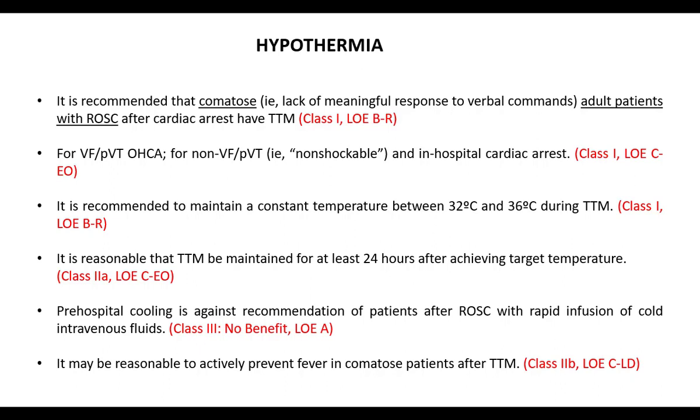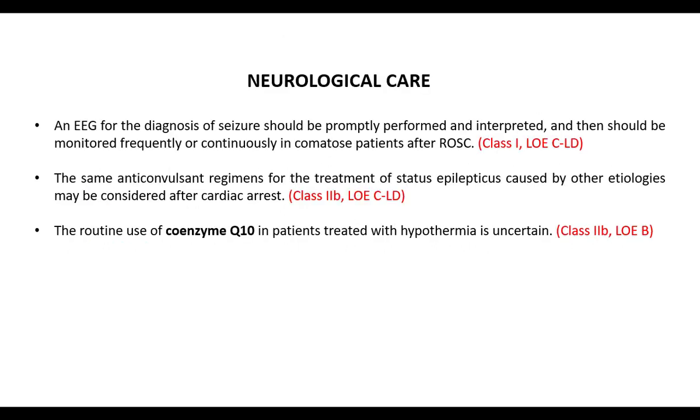And then fever should not occur. For any patient who is developing fever, the mortality goes up exponentially. So that is why fever should not develop in these kinds of patients. Then what about neurological care? An EEG should be taken immediately and on a continuous basis for this kind of patient, and that carries again a class 1 recommendation.